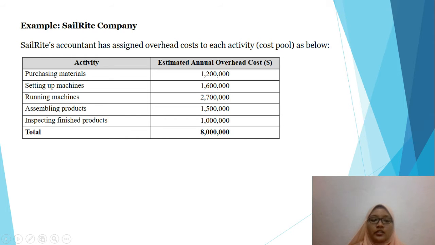The estimated annual overhead costs are: purchasing material 1.2 million, setting up machine 1.6 million, running machine 2.7 million, assembling product 1.5 million, inspecting finished product 1 million. So, the total estimated annual overhead cost for Cellrite Company is 8 million.